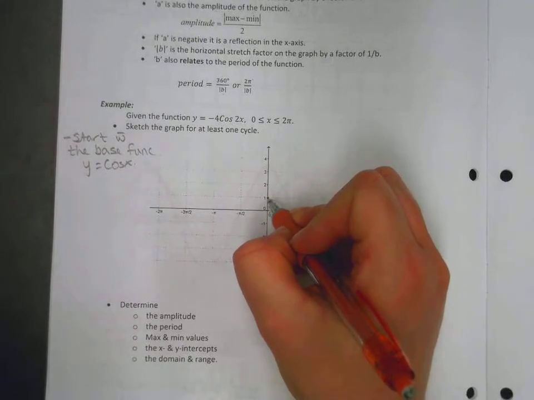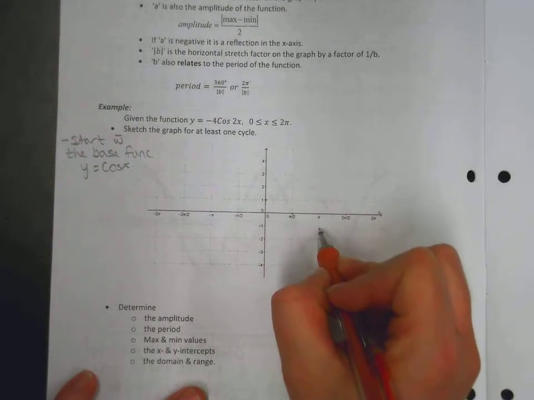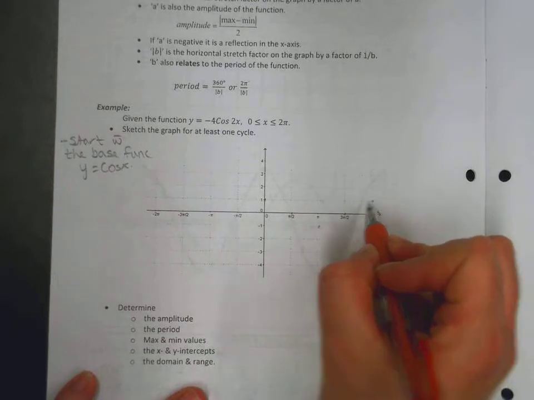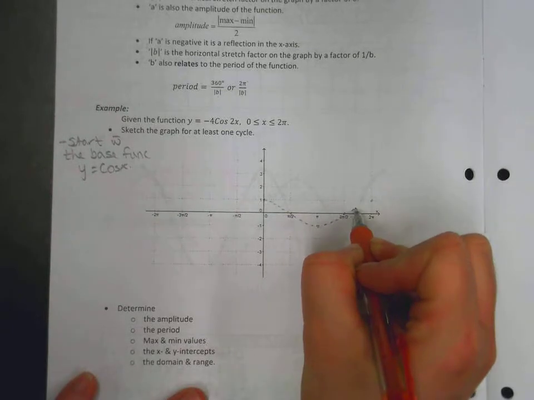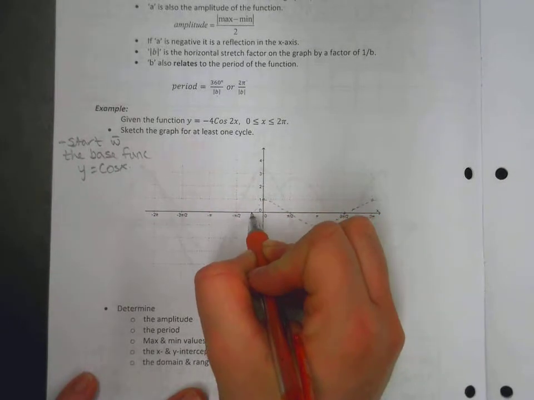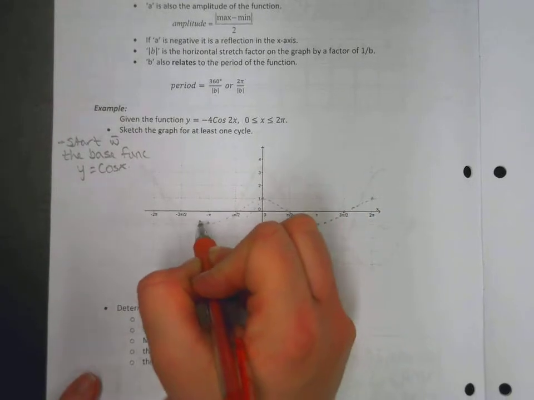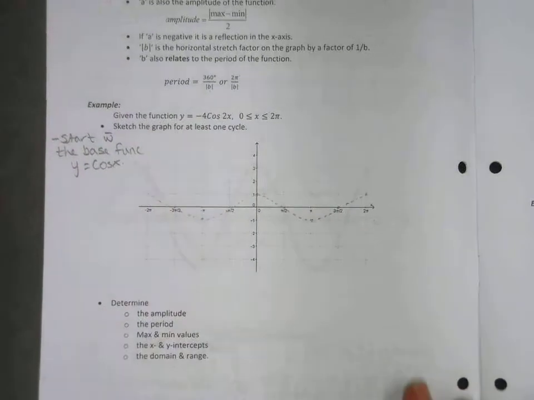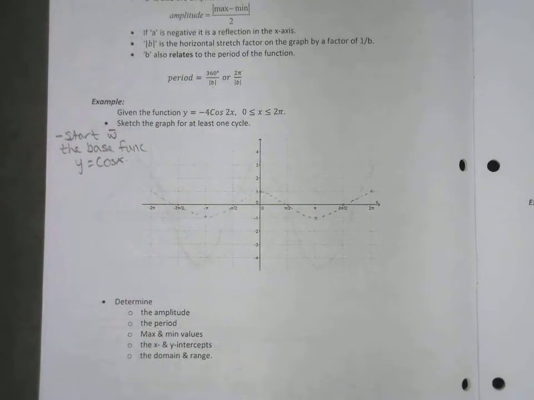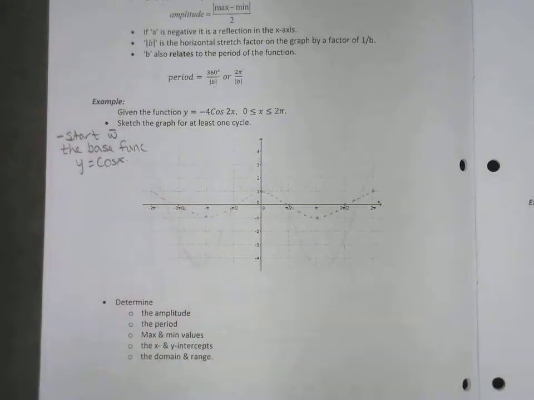So I'm going to sketch my base function here, and I'm just going to draw it in a dotted line, very lightly. Okay, so there's my base function. Now I'm going to apply my transformations to it.